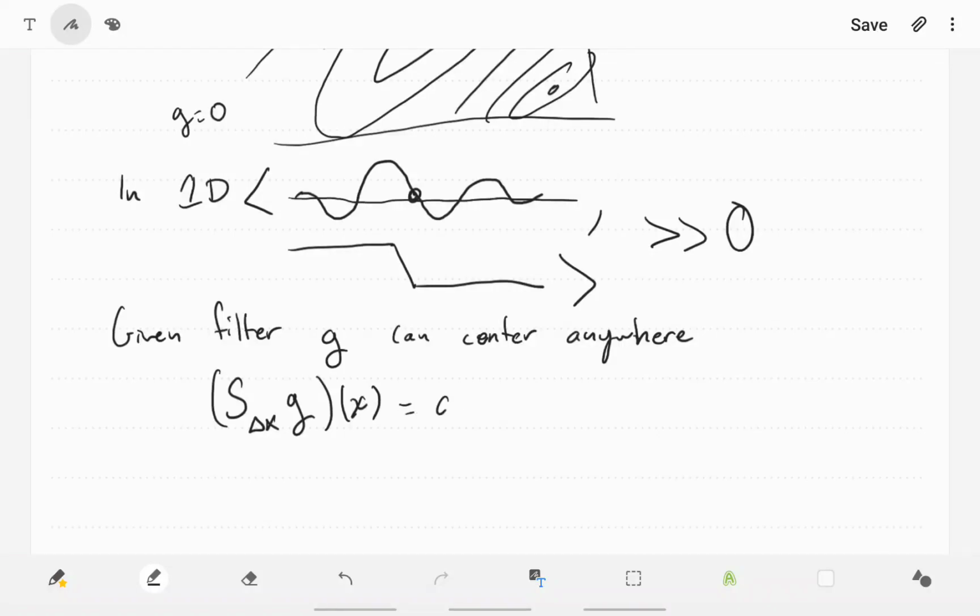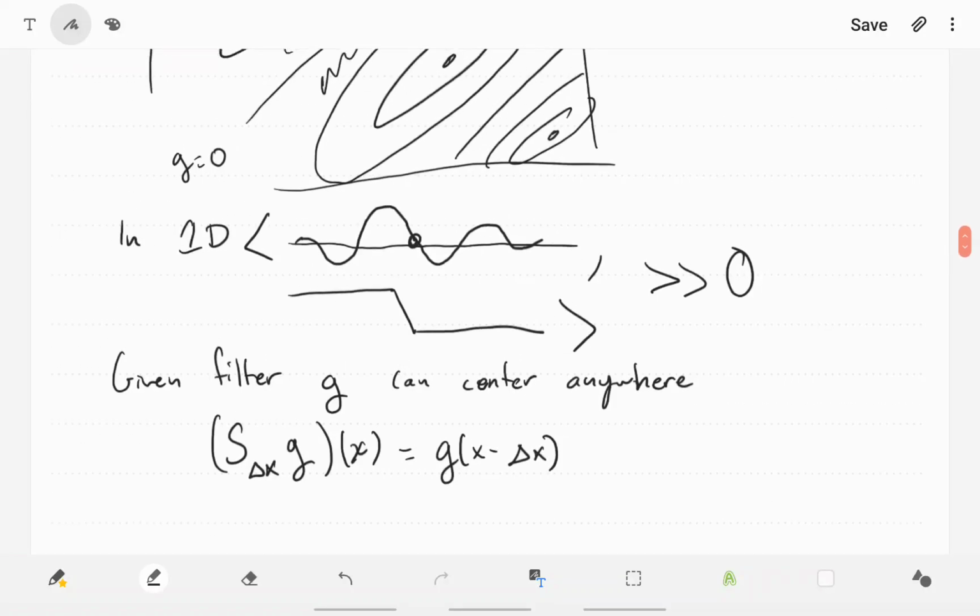This is just equal to G of x minus delta x. So if you had such an edge detector, you could detect edges anywhere, for example over here, just by shifting the filter itself. And so this is a way of getting entire filter banks from a single filter, just by applying this shift operation.